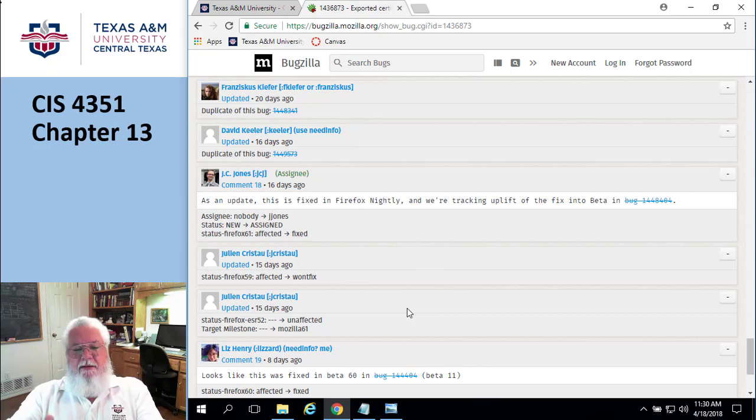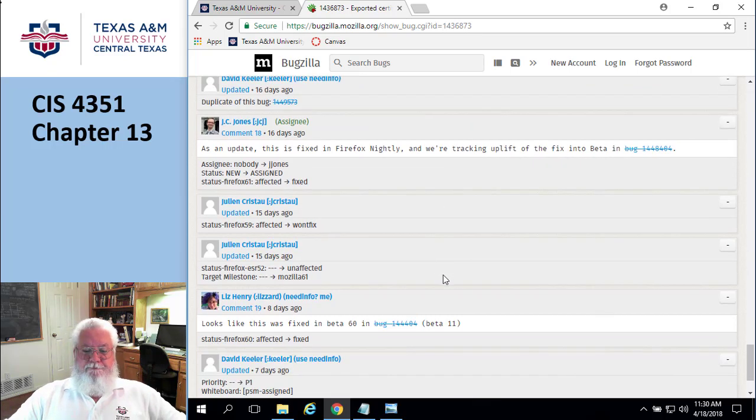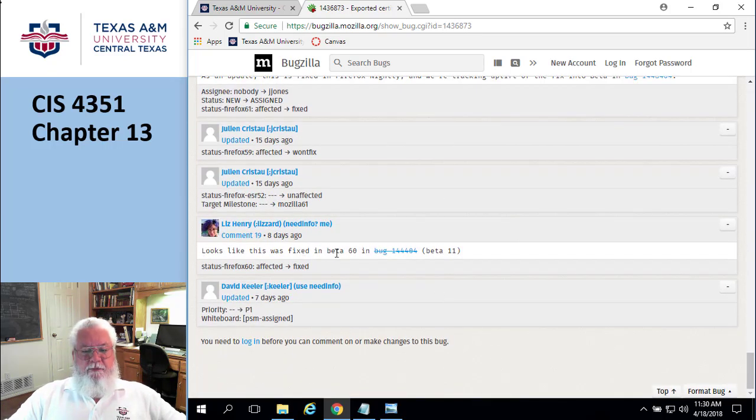So when you read this, I know who did it. I know what their strategy is. I know that they appreciated the fact that it was a bug, although I don't particularly think it was low priority. How they're going to fix it is basically wait until version number 61 comes out. And this was fixed in the 60 beta and so on.